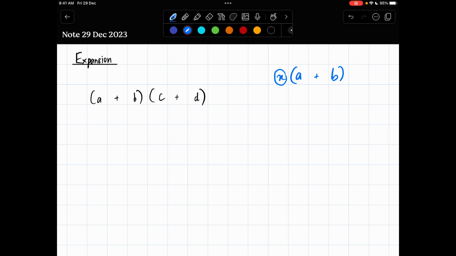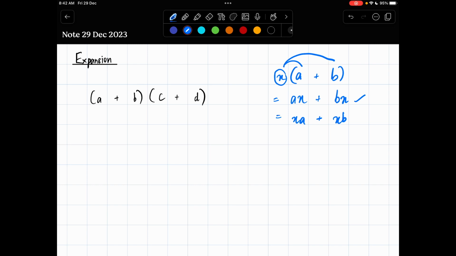In this case, x will be multiplied by a and x will be multiplied by b, which of course we get ax plus bx. Or if you would like, it can also be written as xa plus xb. I prefer this just because it looks nicer. Ax plus bx. So this is the classic case of an expansion.